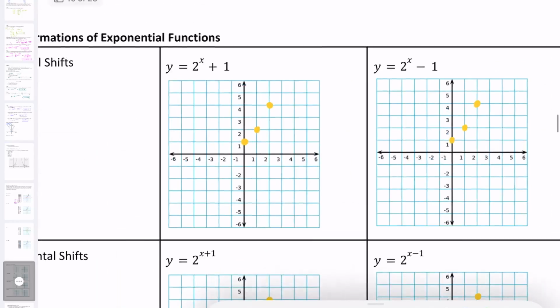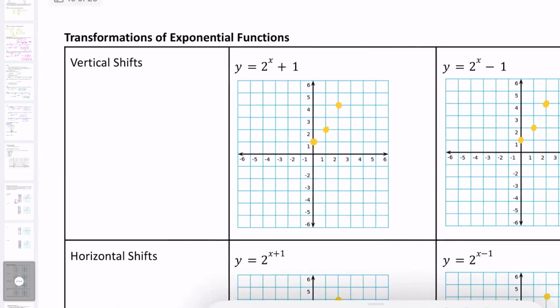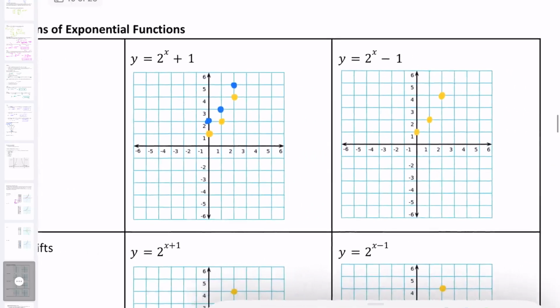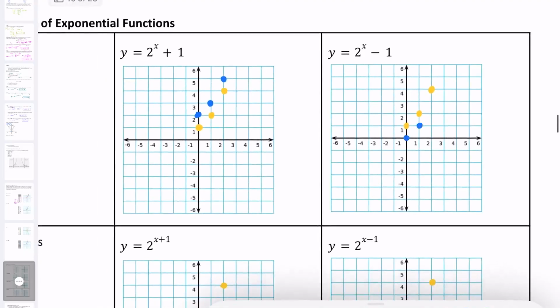You'll notice that these are labeled as vertical shifts, so everything is simply moving up or down a unit, including your asymptote. So if my function is moving upward, my horizontal asymptote will move with it. So here is my function in blue compared to my original function in yellow with my asymptote on the axis.